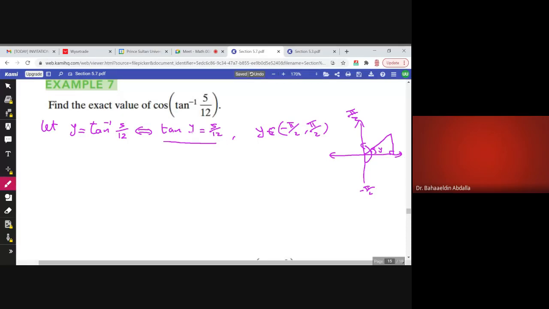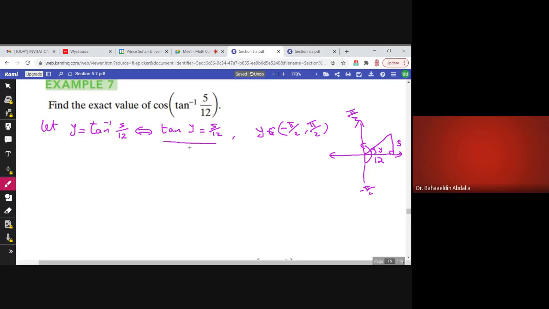What is tan, if you remember? Tan is opposite over adjacent, so the opposite is 5 and the adjacent is 12. So we can draw this triangle.